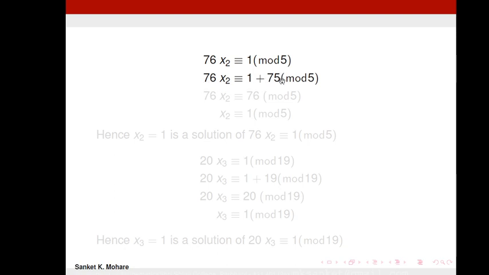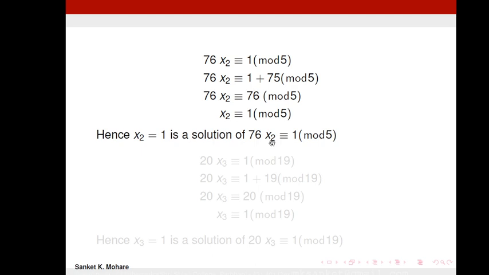Here we add a multiple of 5, that is 5 times 15 which is 75, to 1 such that 76 divides this sum. So we obtain 76x2 is congruent to 1 plus 75 modulo 5, which implies 76x2 is congruent to 76 modulo 5, which gives x2 is congruent to 1 modulo 5. Therefore x2 equal to 1 is a solution of 76x2 congruent to 1 modulo 5.